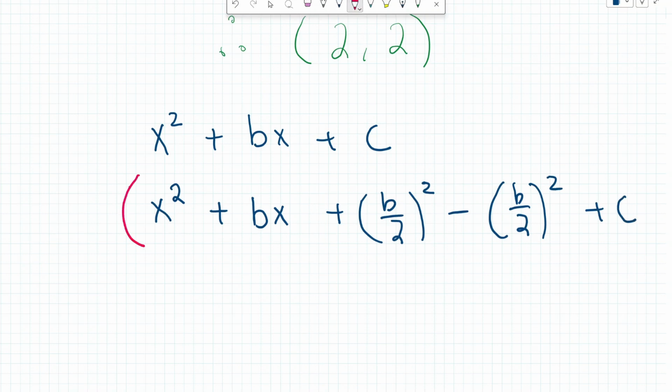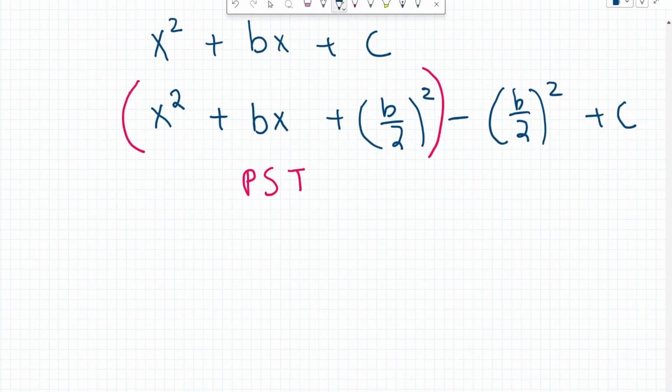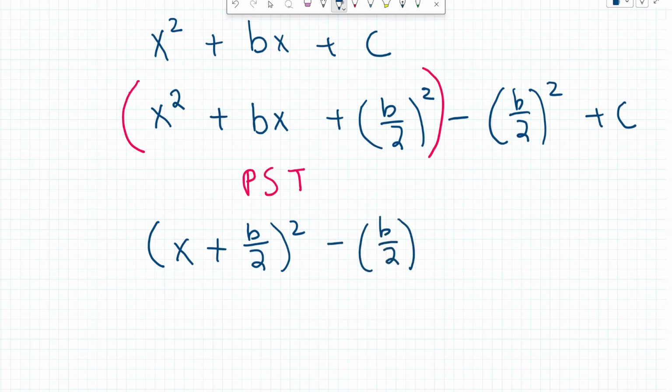We're then going to look at this first part, which is a perfect square trinomial. That's going to be factored, and we end up with x plus b over 2 squared, and then we have a remaining piece, negative b over 2 squared plus c.